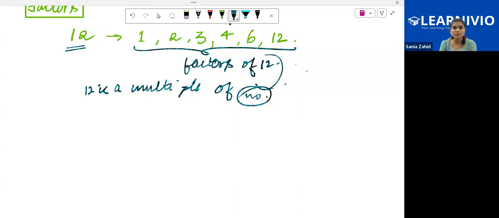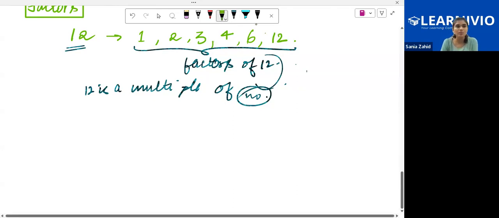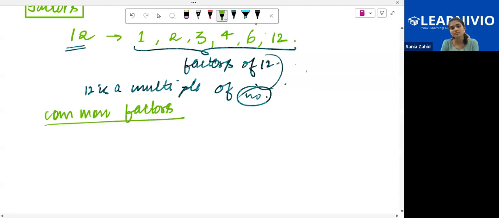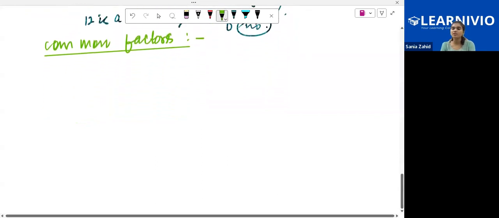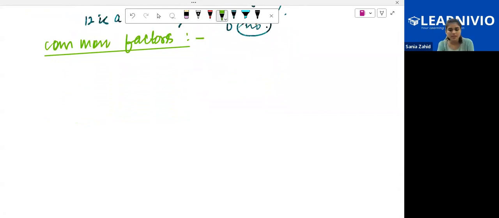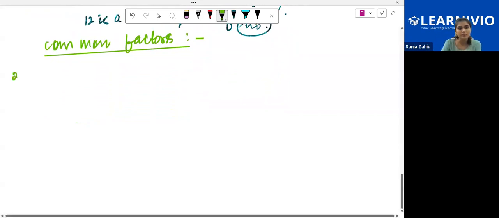Now again, we have the concept of common factors. Can you tell me what common factors are? Factors that are common to more than one number. Okay, like I have 24 and I have 40. Let's write the factors of 24 and 40.